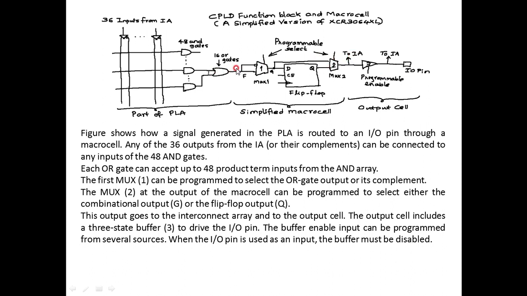One more possibility is to take the complemented version of the output and connect it to the interconnect array. Then you can connect the direct output through the flip-flop to the interconnect array if delay is required. If it is the complemented output through the delay flip-flop, we can connect it to the interconnect array, or pass it through this output buffer to the IO pin.